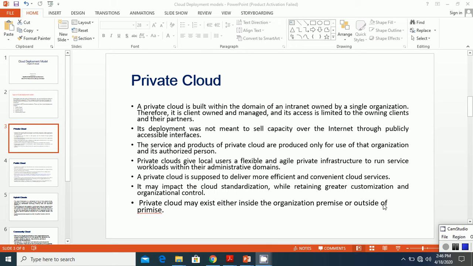Before moving to the cloud deployment model, as we know, in traditional client-server architecture, we have the client and we have the server where our data is stored.